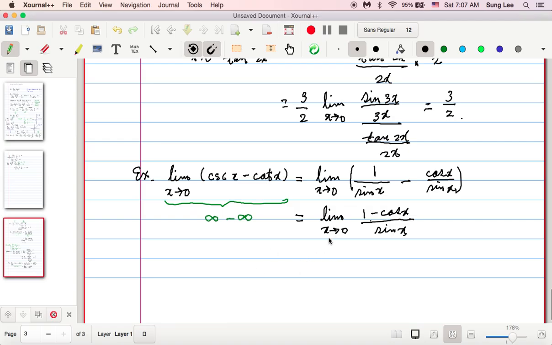So now what happens when x goes to 0? Since cosine x goes to 1, the top part goes to 0, and the bottom part goes to 0. So this is a 0 over 0 type indeterminate form where you can apply L'Hopital's rule.